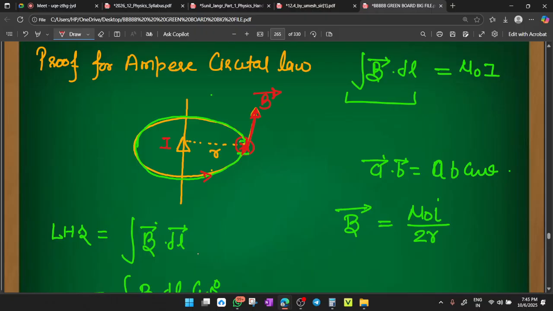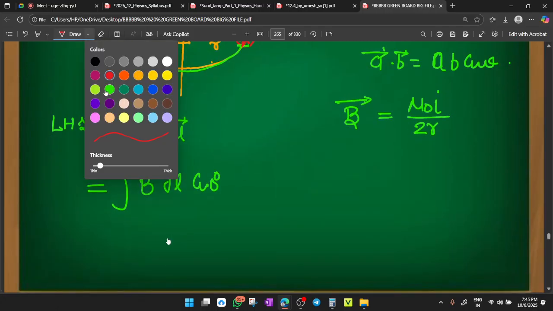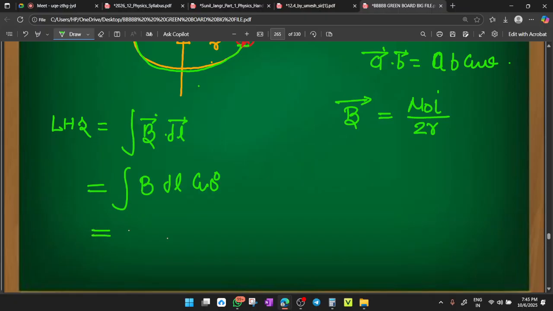Clear? So the angle equals 0 degrees, and cos theta becomes cos 0. Now place the value of B here. What is B? B equals mu naught I upon 2r, times dl, and cos 0 equals 1. Right?